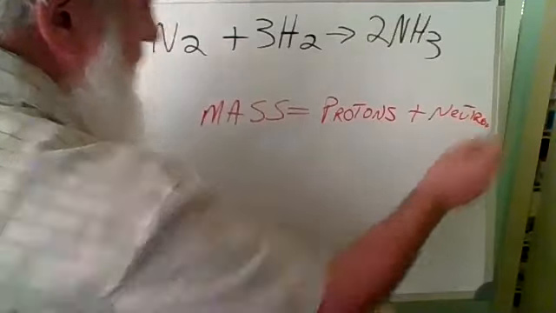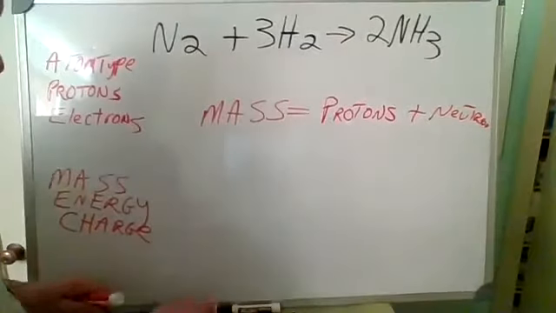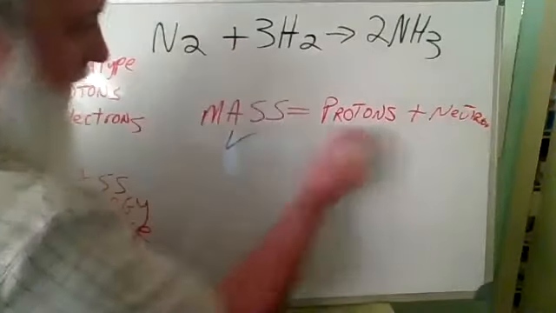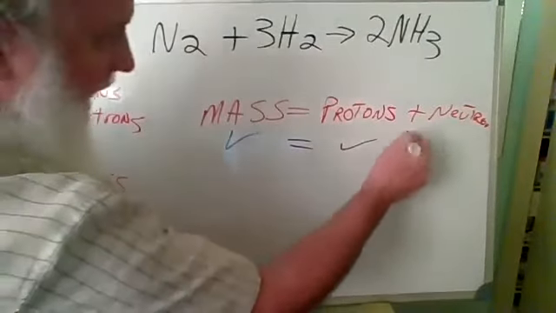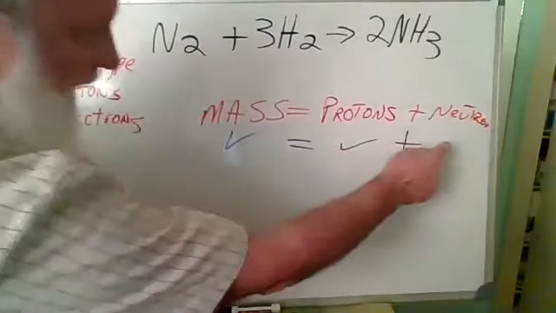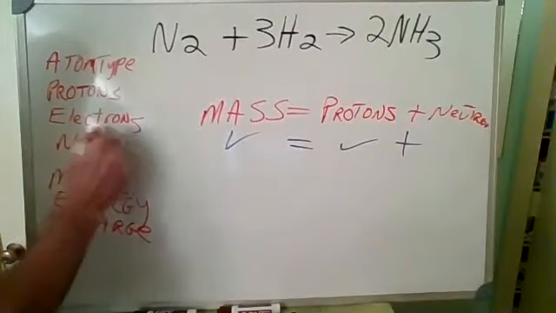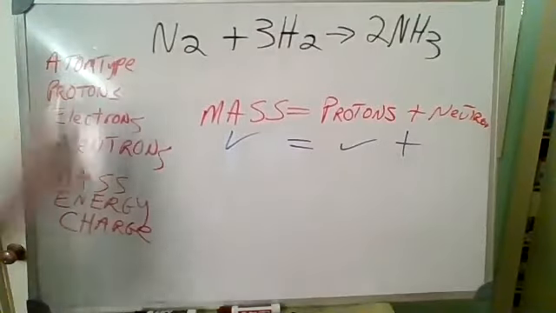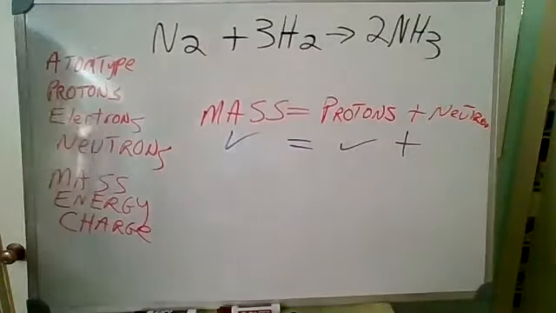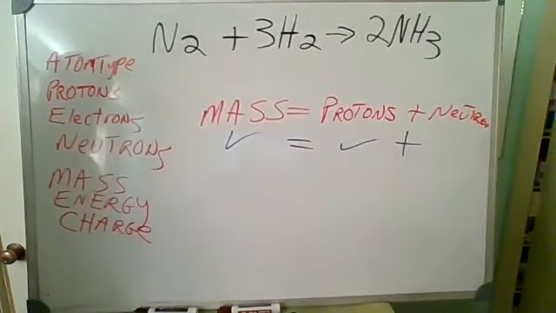Protons plus neutrons. So if mass is conserved and protons are conserved, then the neutrons have to be conserved also. If this doesn't change and that doesn't change, this can't change either. So neutrons also are conserved. So these 7 parameters are conserved in every single chemical reaction.